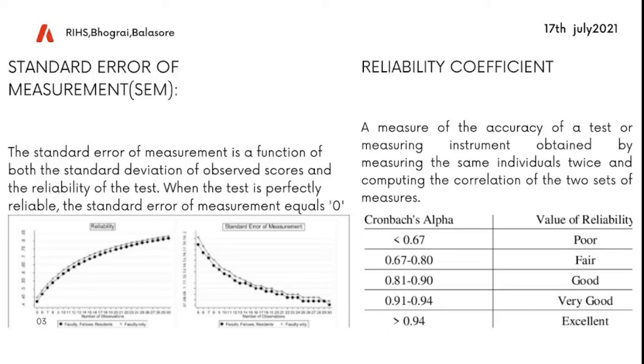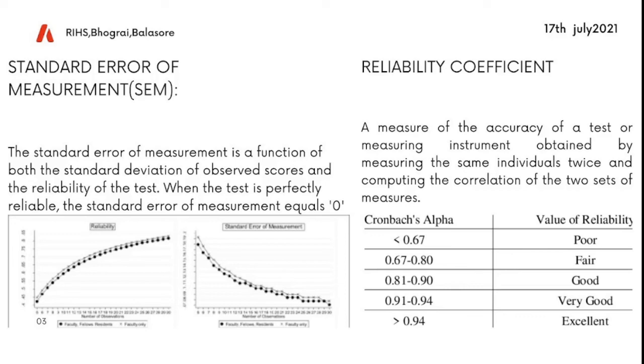If the value is less than 0.65, then the reliability is poor; if it is between 0.67 and 0.80, it is considered fair; when it is 0.81 to 0.90, it's good; when it is 0.91 to 0.94, it's very good; and when it is greater than 0.94, the reliability coefficient is excellent. So this is all about standard error of measurement and reliability coefficient.